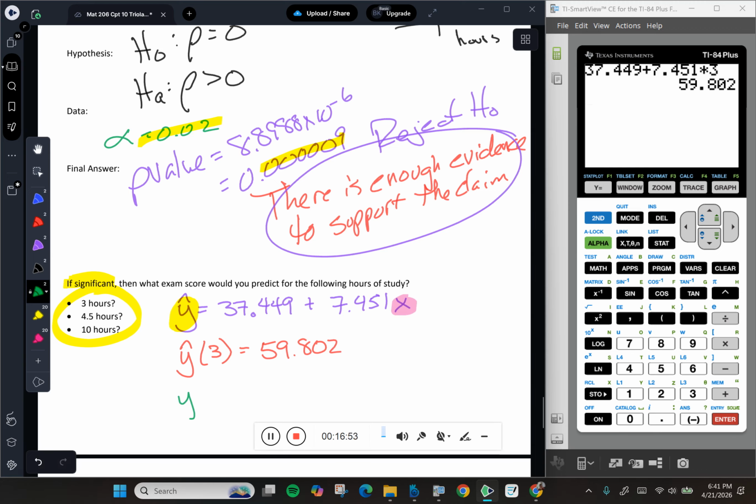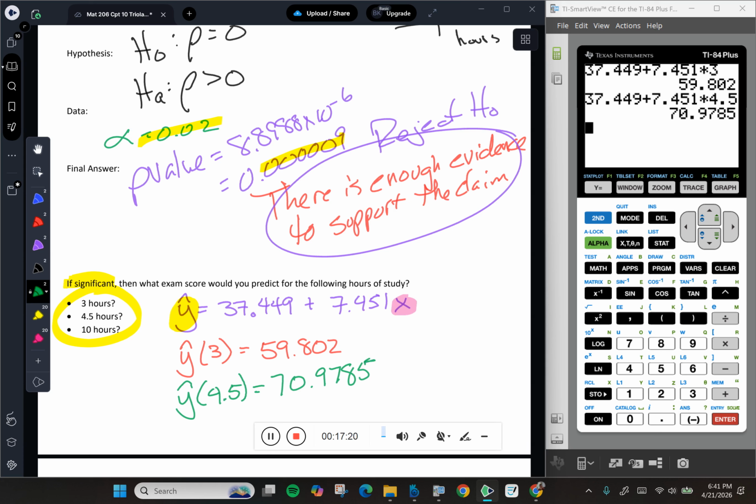Well, what if they study for 4.5 hours? What would be y hat of 4.5? Well, 37.449 plus 7.451 times 4.5. And I would get that their predicted score would be 70.9785, and round wherever they would tell me to round it.